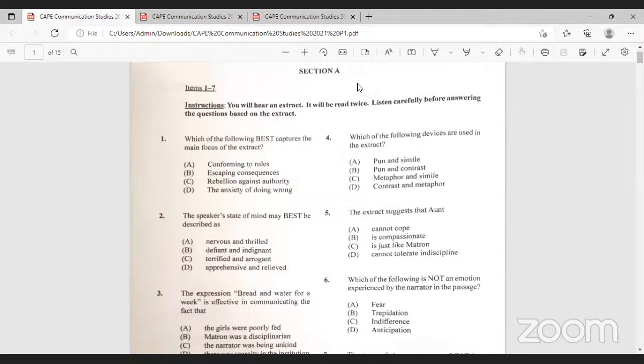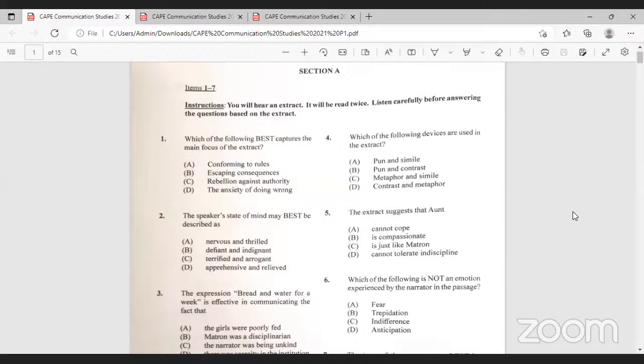So for 2, I would say it is D, apprehensive and relieved, right? Most persons are saying D as well. That's why it's not B. There were some instances to show that she was relieved that the person wasn't there, else she would have gotten a beating or something, right? So she was apprehensive, right?